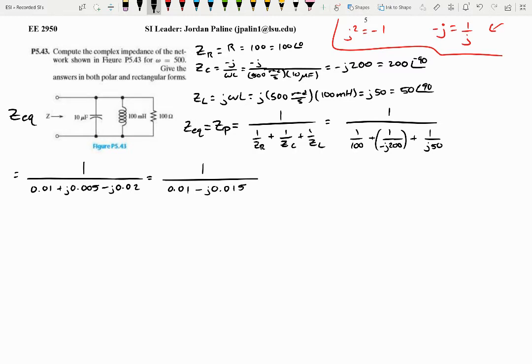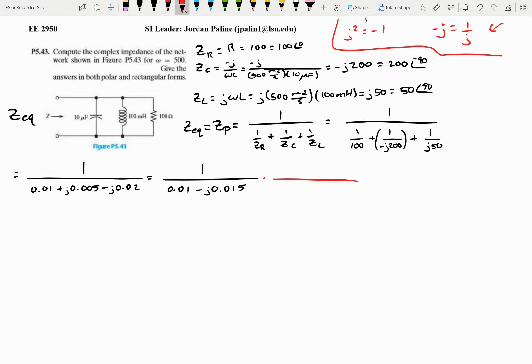The easier way, and this is kind of like we had to make a decision. I'll do one way in red and the other way in blue. So let me do the red way first.